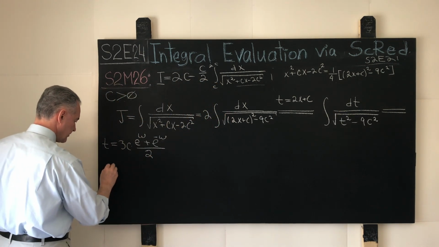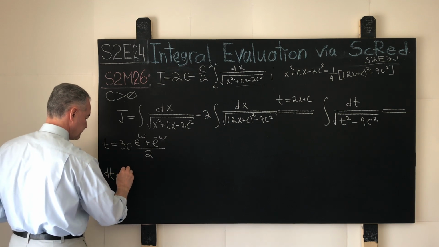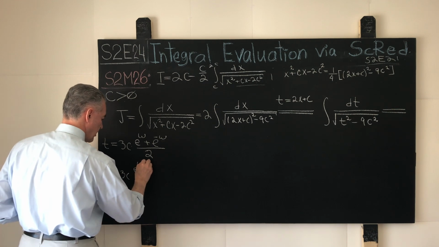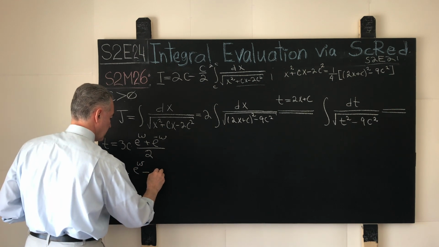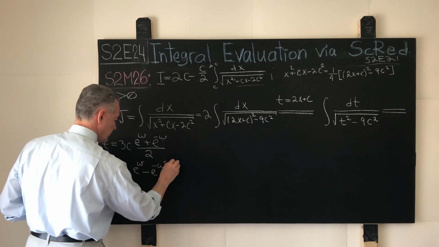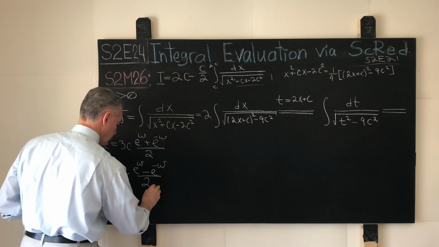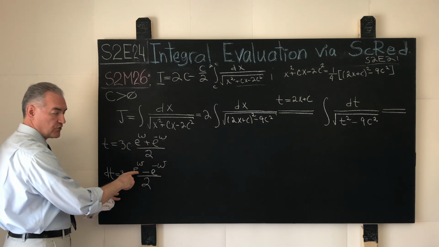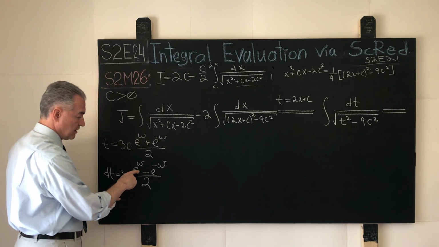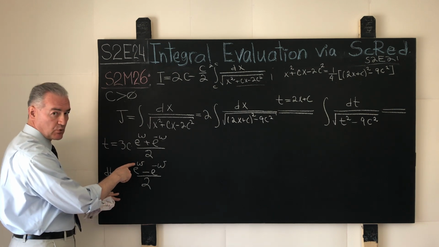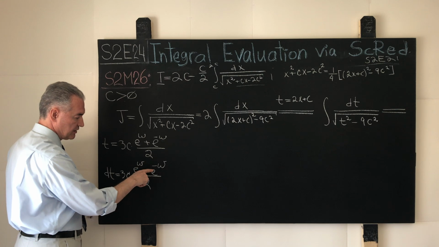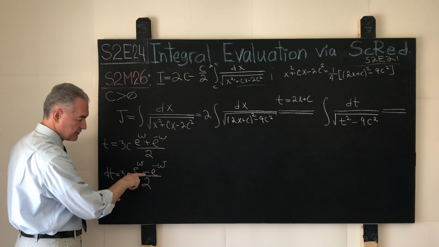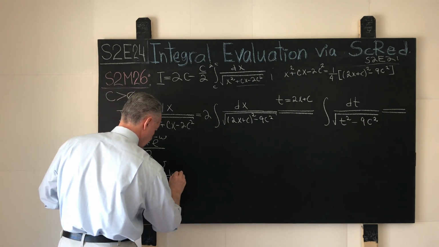This is again a trivial task. dt is 3c times (e to the power of w minus e to the power negative w) over 2. Would you agree that this is the case? Yes, this is straightforward. The first derivative of the exponential function with a positive exponent is the function itself. Here we multiply by the first derivative of the exponent, carry the minus over here, and we get dw.